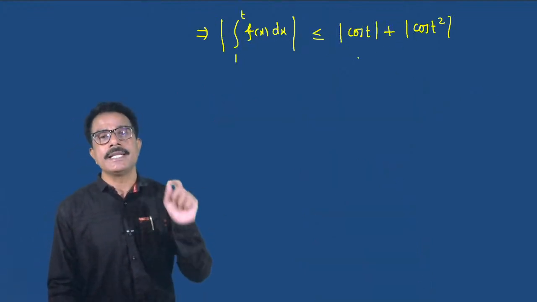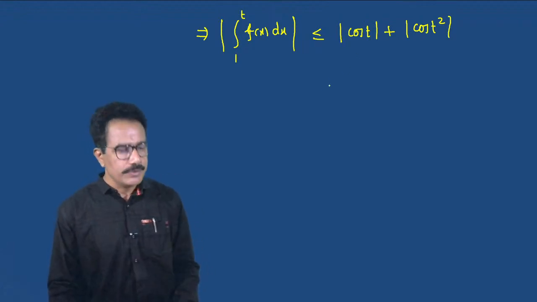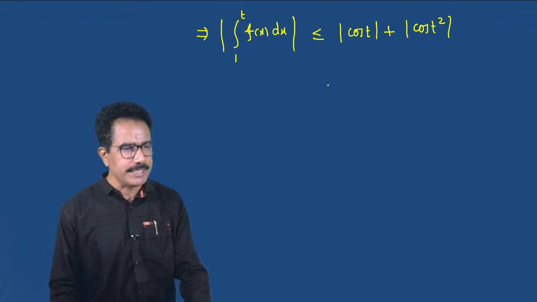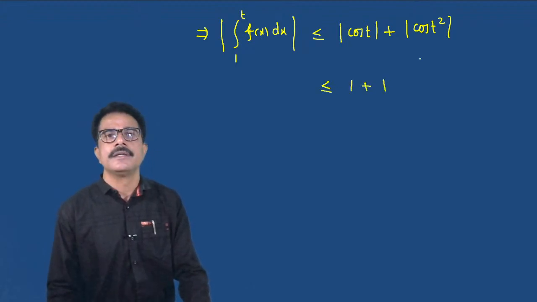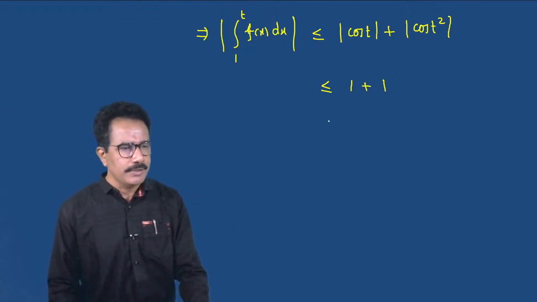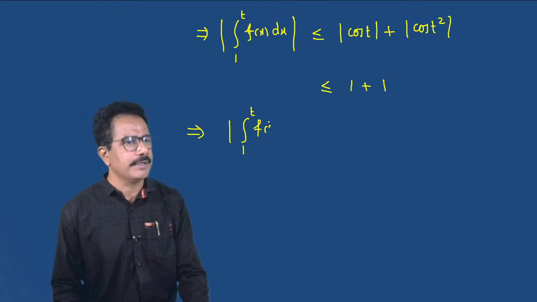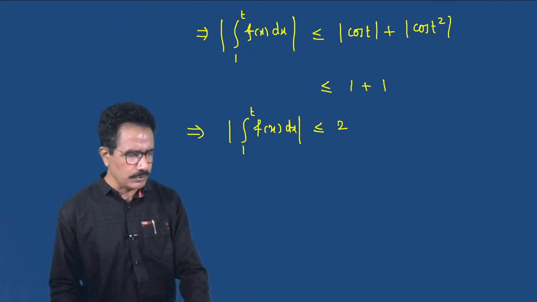So we know that the maximum value of cos t is 0 to 1. So we can write which is less than or equals to 1 plus 1. The maximum value of any cos is 1. So integral of 1 to t f of x dx, which is less than or equals to 2.